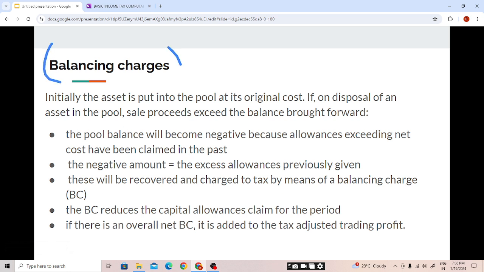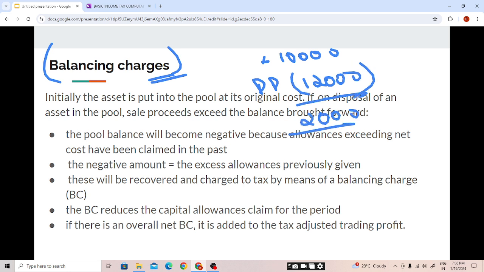Now, then we have seen the balancing charge. Balancing charge arises when the disposal proceeds are more when compared to the value in the pool. The value of the pool is 10,000 pounds, but the disposal proceeds are 12,000. This creates a minus 2,000 balance.